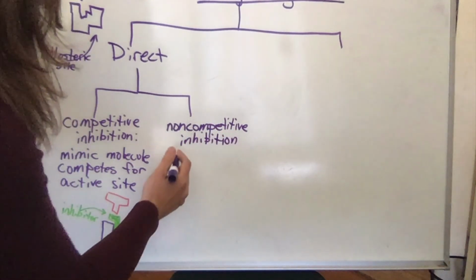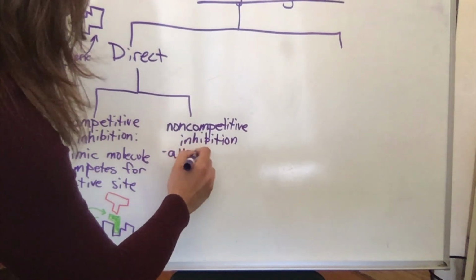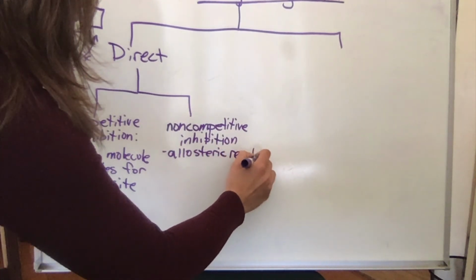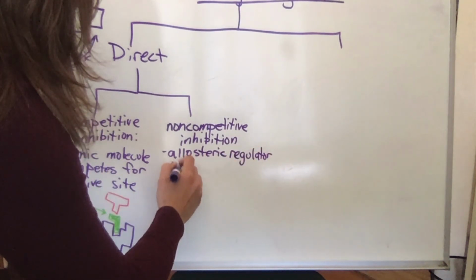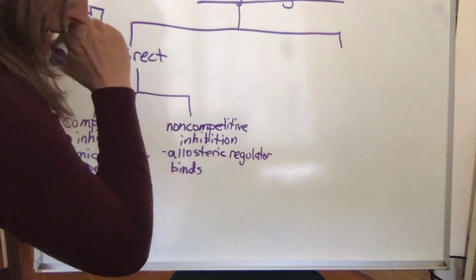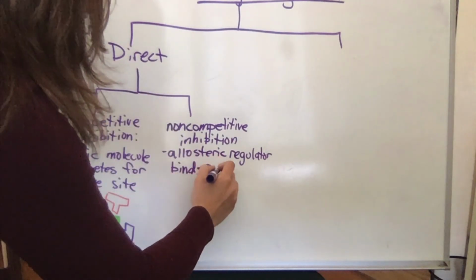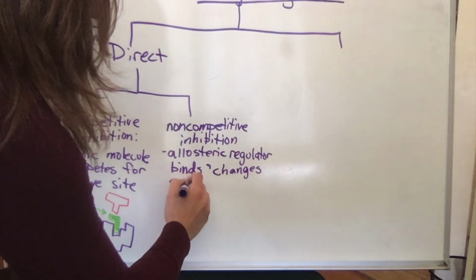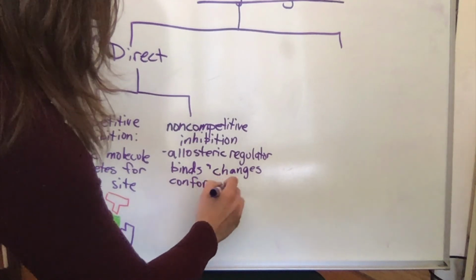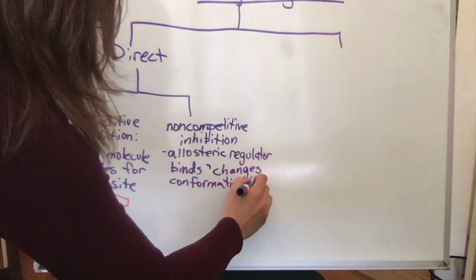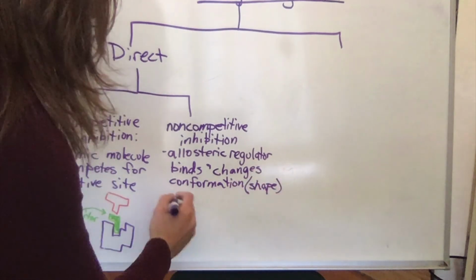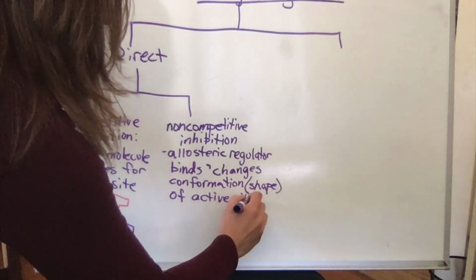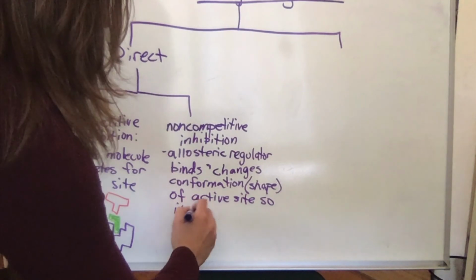This is where an allosteric regulator binds to the allosteric site and changes the conformation, which is the shape or the structure of the enzyme, so that the active site does not bind.